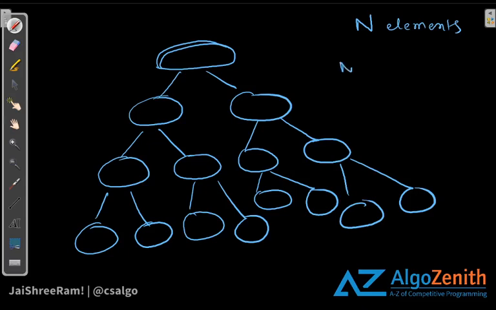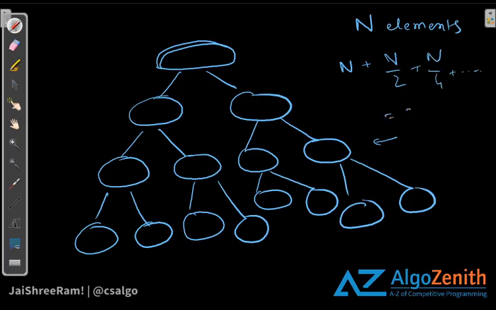Plus every 2 leaf nodes will combine into 1, so something like n by 2. Plus every 2 nodes in this level will merge into the next level, so there are these many nodes in this level, okay? The next level will contain n by 4, plus so on, right? Up until it becomes 1.